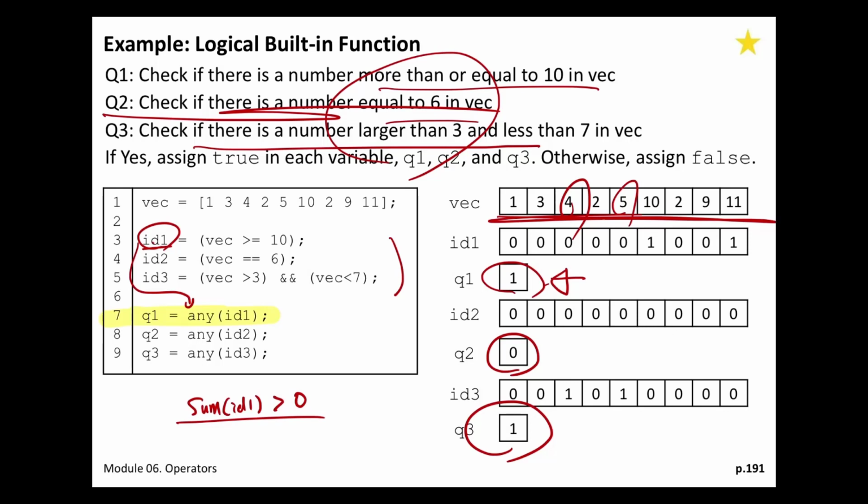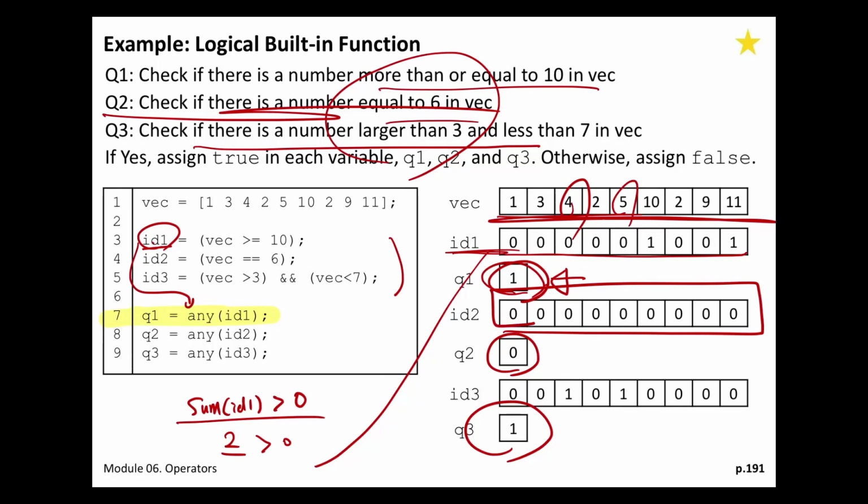Imagine that we are summing up all these values. Summing up the logical values means implicitly converting them to double and then adding them up. In this case, the sum is 2. 2 is larger than 0, so it's true. In this other case, there's no 1, so the sum becomes 0. 0 is not larger than 0, so it's false.